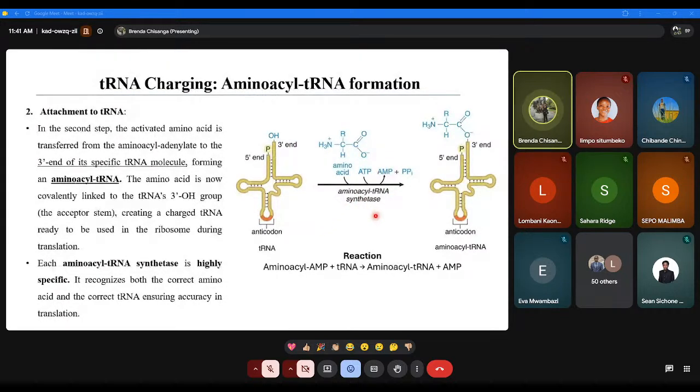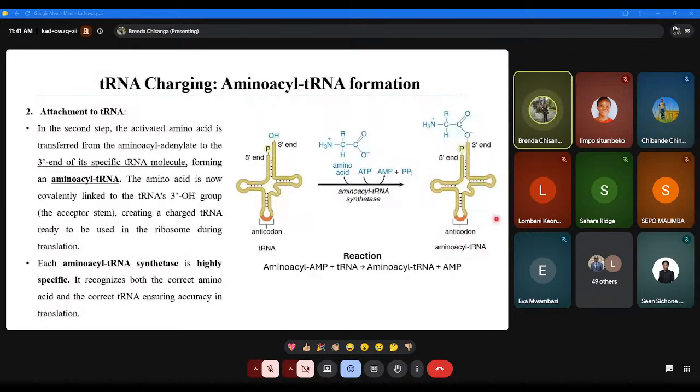This same enzyme is the one that activated the amino acid by reacting the amino acid with the ATP, forming a high energy molecule, a charged amino acid. The charged amino acid in that state can now be attached to tRNA. The same enzyme comes in to catalyze that reaction. At the end of this process, we have a charged tRNA.